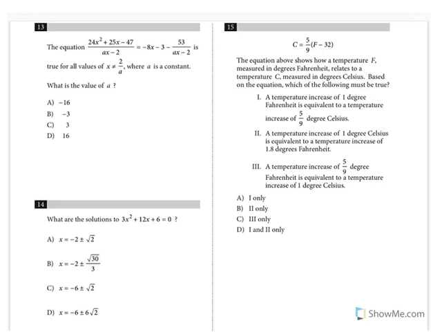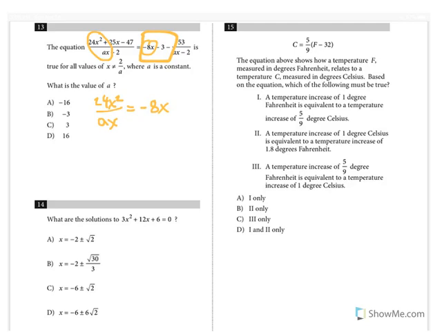When we look at our dividend, divisor, and our quotient, the first term in our quotient has to equal the quotient of the first terms in our dividend and our divisor. That's just understanding long division with polynomials. So 24x squared divided by ax equals negative 8x.